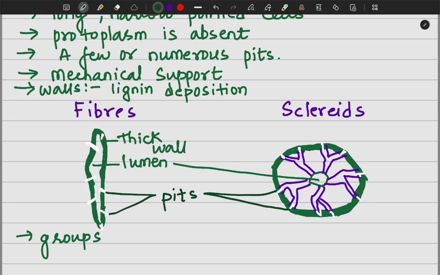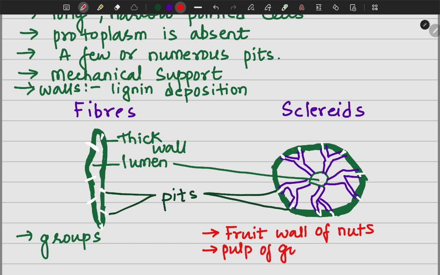Alright. So if we talk about the sclereids, then we will find sclereids in the fruit wall of nuts, in the pulp of fruits like guava, pear and sapota.